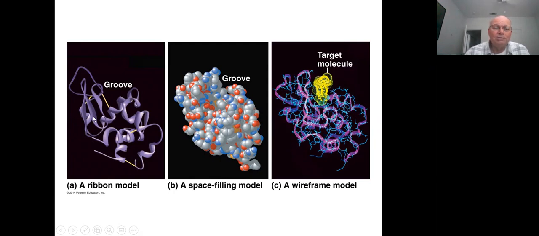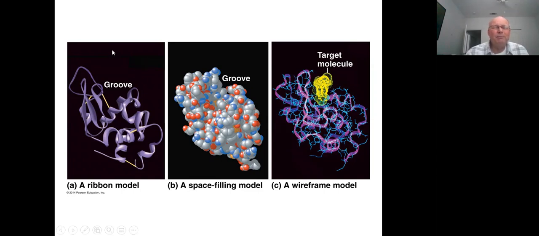So these are all models that can be drawn up using physical data extracted from the protein from a number of different techniques, and then assembled by a computer into one of these pseudo three-dimensional models. And there are computer programs that have been around for 25 years or more.